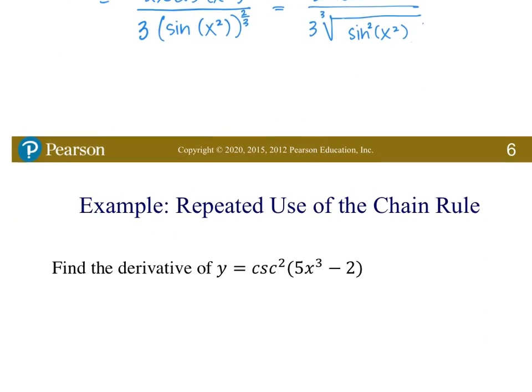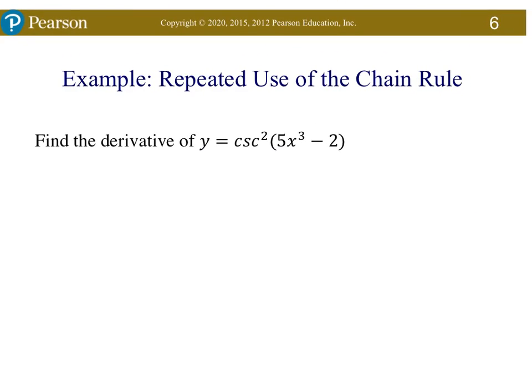To finish up, we'll look at this cosecant function. And again, I would encourage you to write that as the cosecant of the quantity 5x cubed minus 2 and that whole quantity squared. So then when we want to find y prime, the 2 is going to be our outside function.